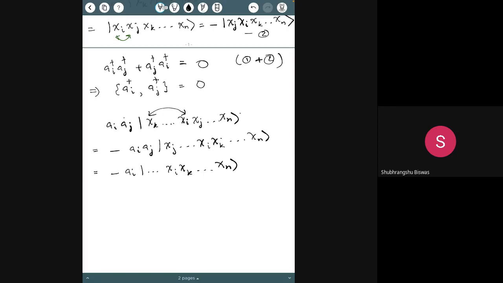Yeah, and then I have to bring again chi i here, which will remove this minus sign now, and I will end up with something something chi k something something chi n with both chi i and chi j gone. And then you can again do A_j A_i, and this will give you the opposite sign again when you work with the annihilation operators.